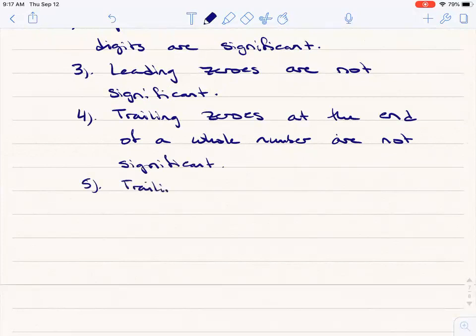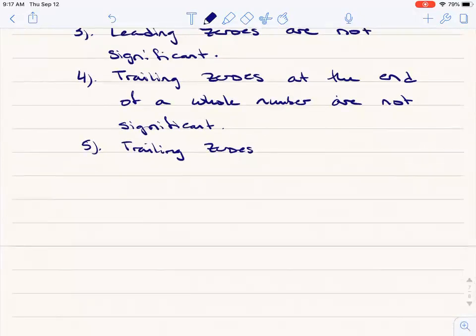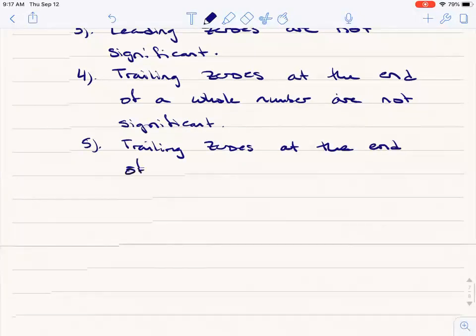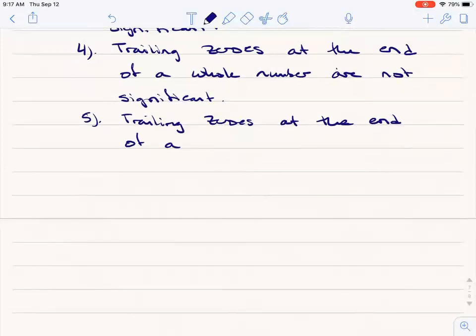Trailing zeros at the end of a decimal are significant. Okay.